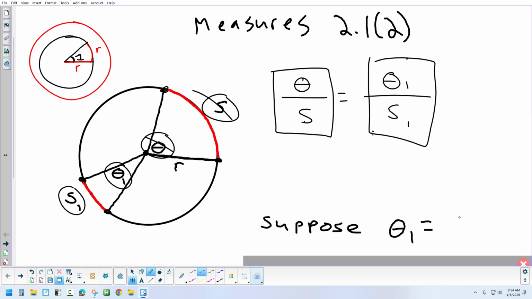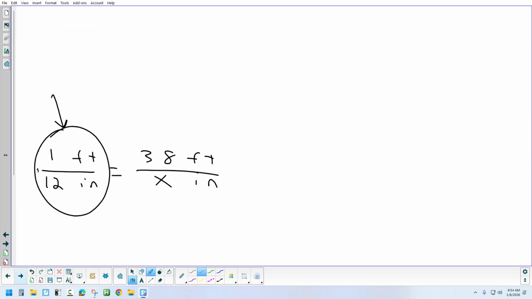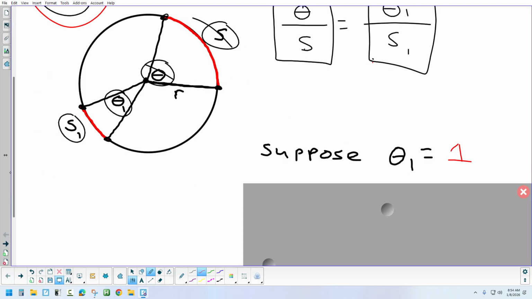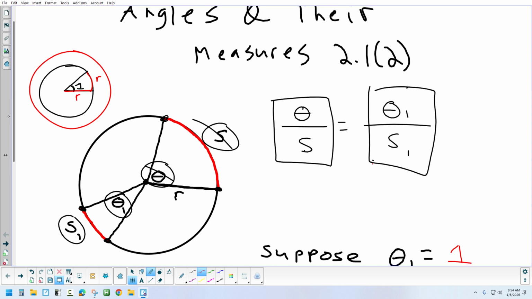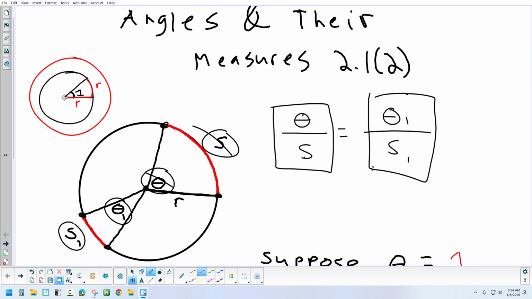So let's suppose that theta 1 is 1 radian. And if you're like, well, how can you just suppose it's 1 radian? Well, how can you just suppose that 1 foot equals 12 inches? It's what it is. If theta 1 is 1 radian, then it automatically makes this and this equal.